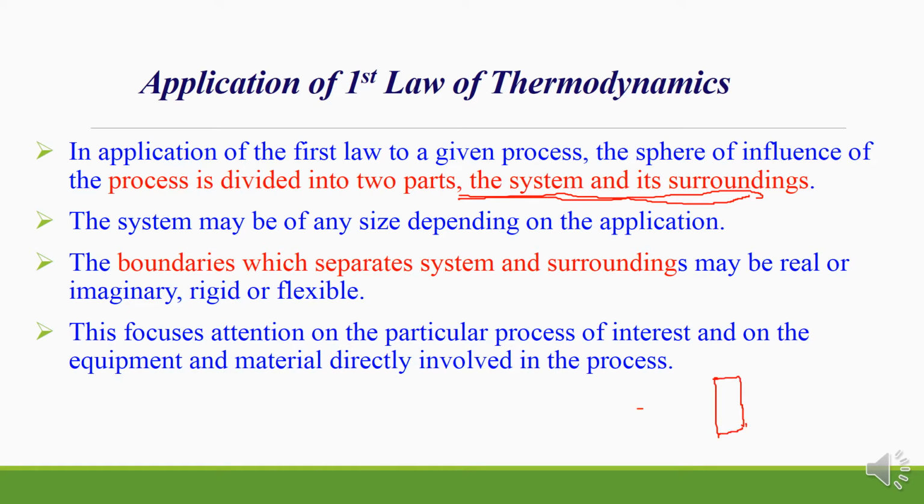Something is incoming here, something is outgoing here. This part is the system, with a rigid boundary. What change you get in the system may be a change in temperature, pressure, or concentration. These are process variables.